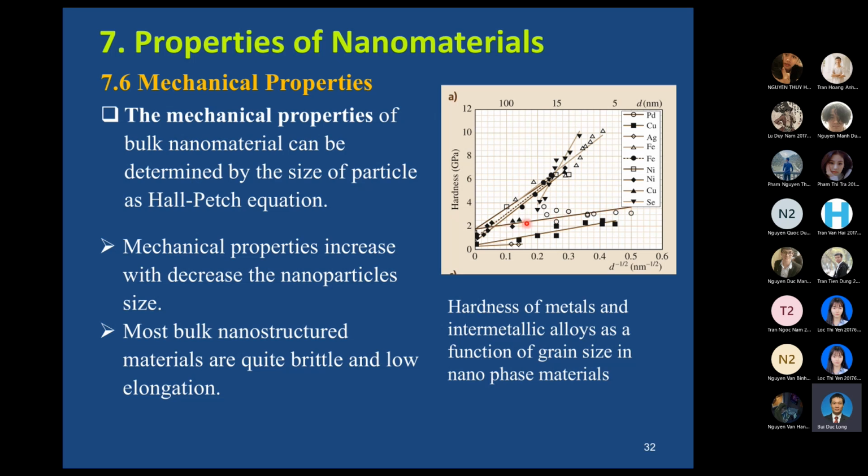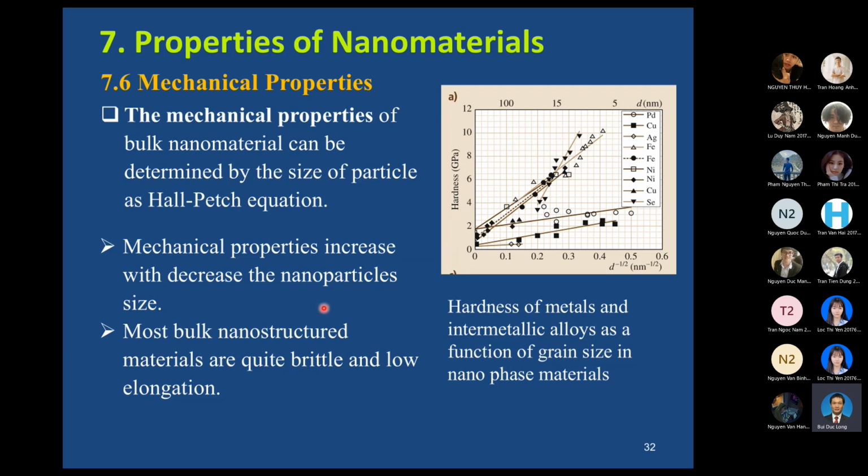Also, for example, iron. Of course, the microhardness of iron is higher compared to copper. For the same nanoparticle size, iron has around 4 gigapascal, but copper around 2 gigapascal. Anyway, you can see the microhardness increases with reduced particle size.